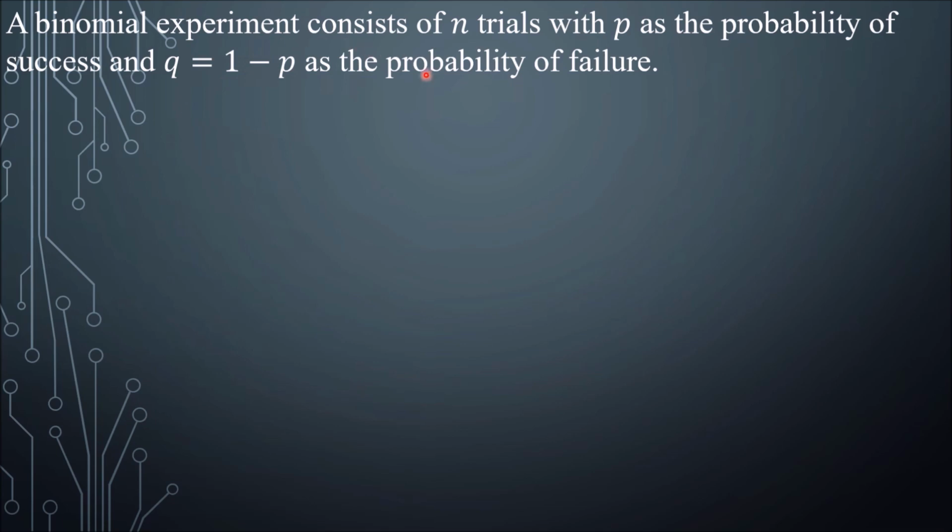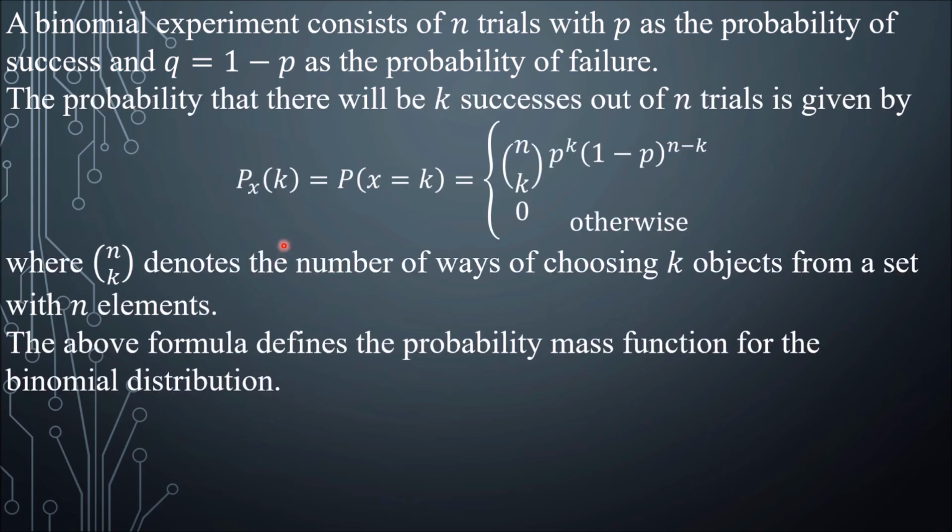A binomial experiment consists of n trials, with P as the probability of success and Q equal to 1 minus P as the probability of failure. The probability that there will be K successes out of n is given by this formula.